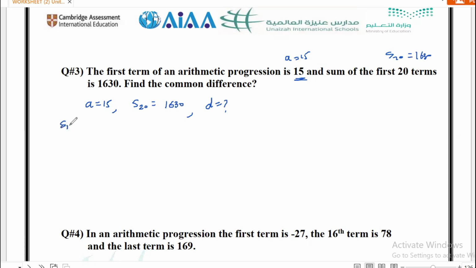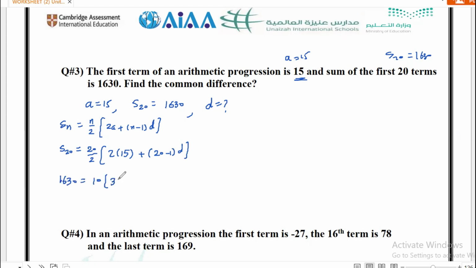The rule for the sum of an arithmetic progression is Sn equals n over 2 bracket open 2a plus n minus 1 d. This formula will help us. As we are looking at S20, n is 20, so 20 over 2, a the first value which we know is 15, plus 20 minus 1 d, we don't know. And next, S20 is 1630, 10 bracket open 30 plus 19d.